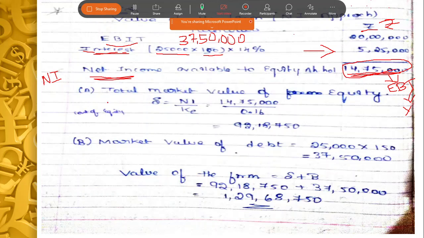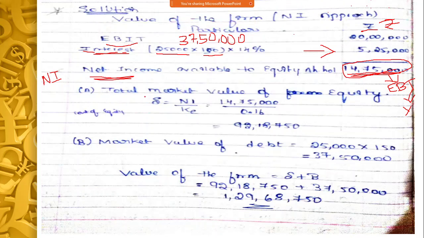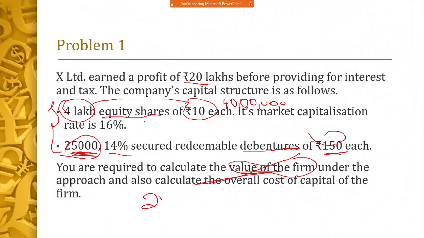So here we have to find out the total value of equity, which is represented by S. Now in the question, if we see, they have given the market capitalization rate to be 16%. Now this market capitalization rate is nothing but the cost of equity.